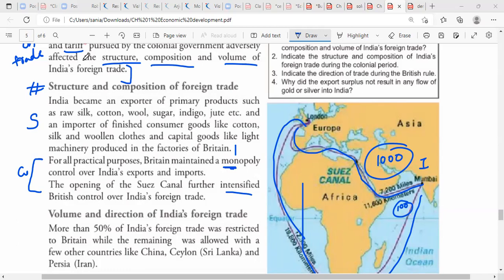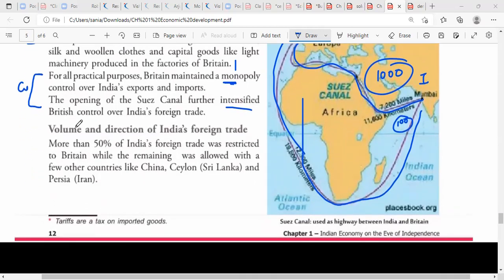Done, ma'am. Okay, good. Now, basically, volume and direction of India's foreign trade. Volume is basically how much trade we were doing, 80%, 20%, 30%. And next one is direction. Direction means with whom we were doing trade.